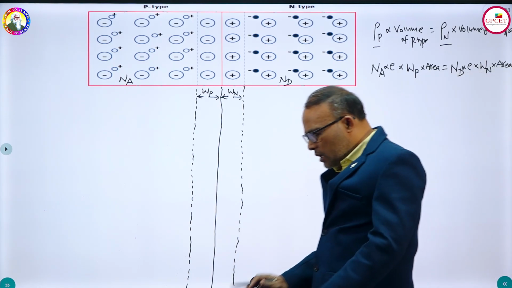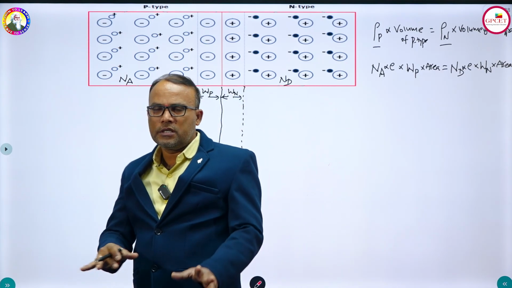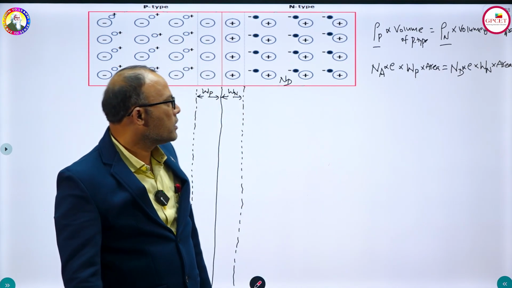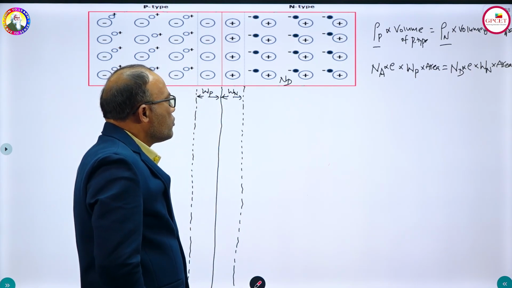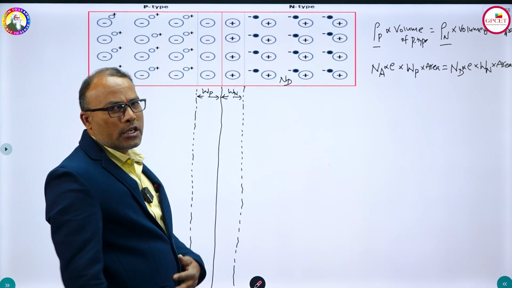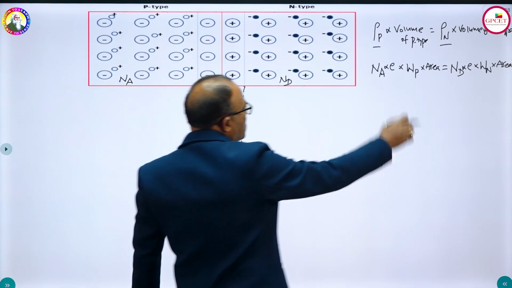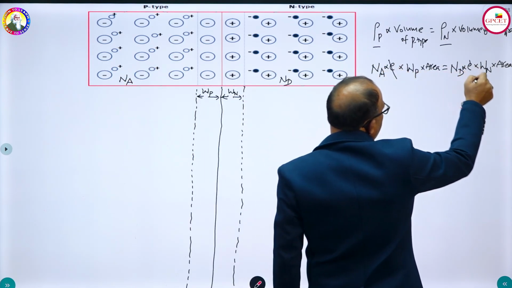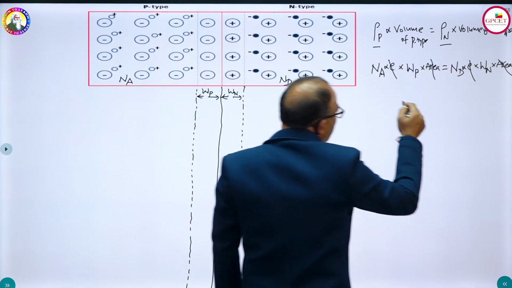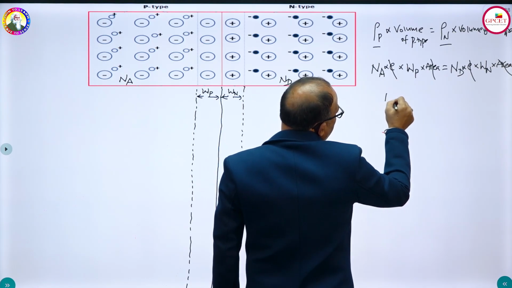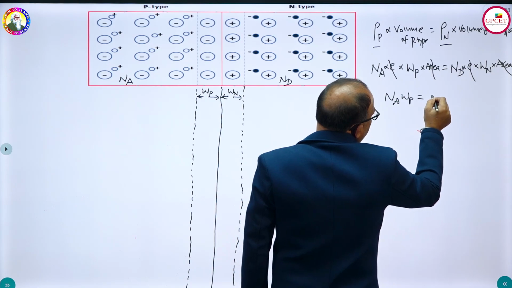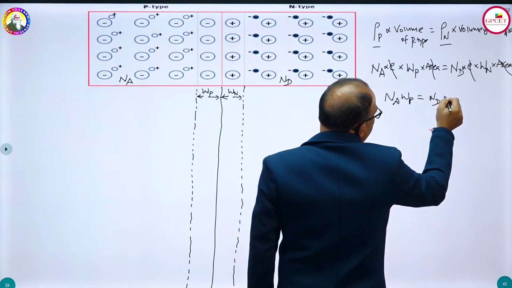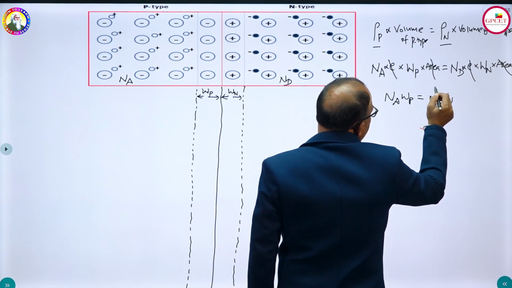Both are at equilibrium because it is an open circuit junction. So I can write rho p times the volume of p-type is equal to rho n times the volume of n-type, where rho is the charge density. The e gets cancelled and the area gets cancelled. So we have Na Wp is equal to Nd Wn.